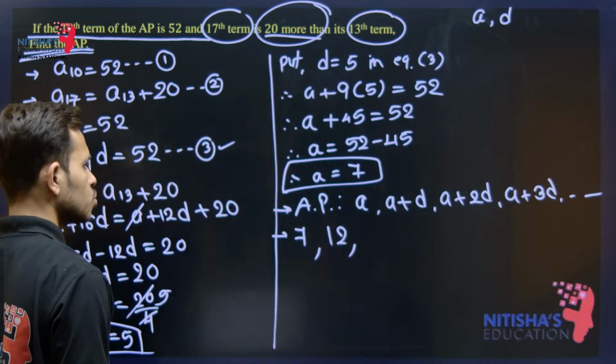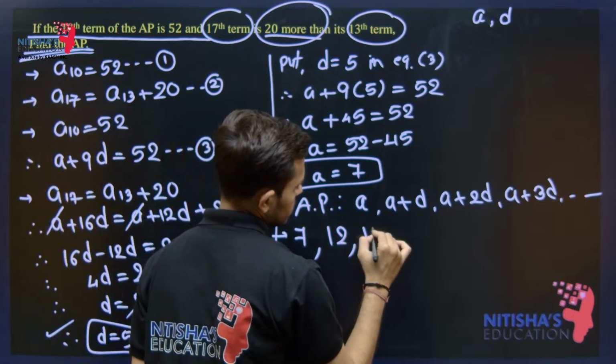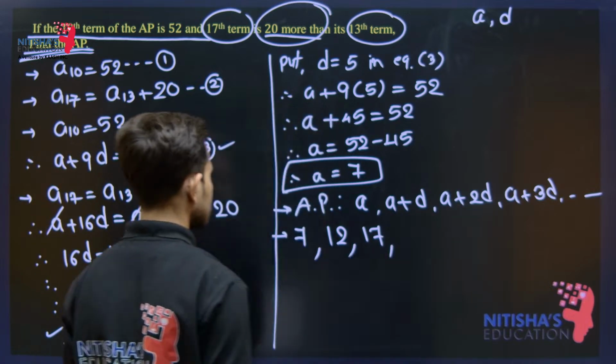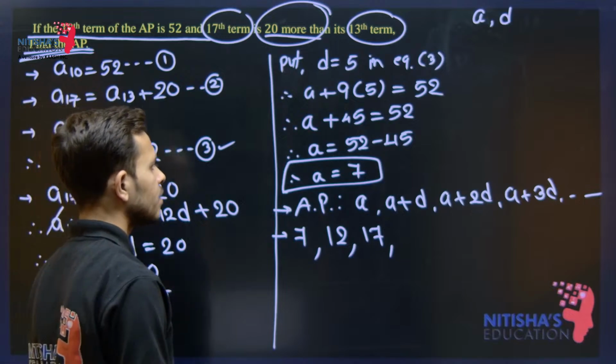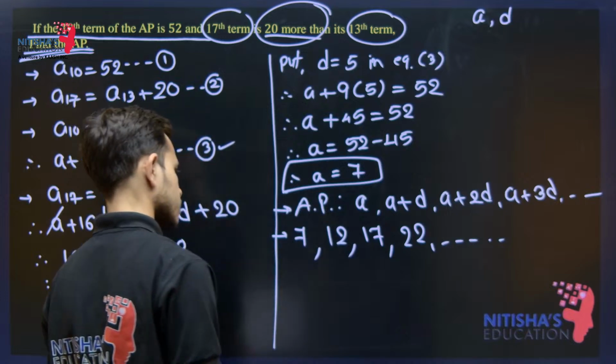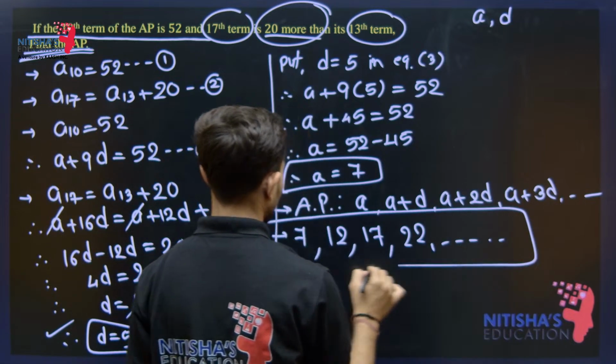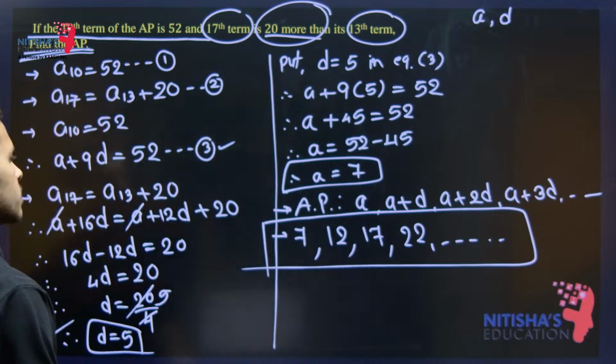What is A plus 2D? 7 plus 5 twos are 10, 10 plus 7, 17. What is A plus 3D? 5 threes are 15, 15 plus 7, 22, and so on. So this is our final answer, the arithmetic progression that they are asking.